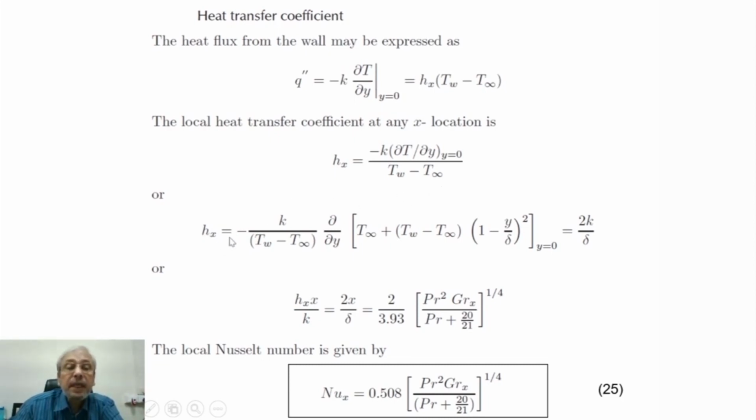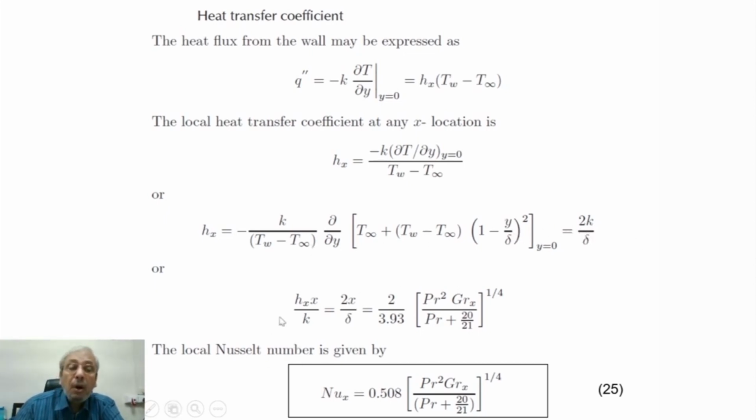So h_x is minus k (T_w minus T infinity) times the derivative with respect to y of the full expression for T, which is given by T_w plus (T_w minus T infinity) into (1 minus y by delta) squared, at y equal to 0. We can easily see that this will give twice k by delta after this derivative.